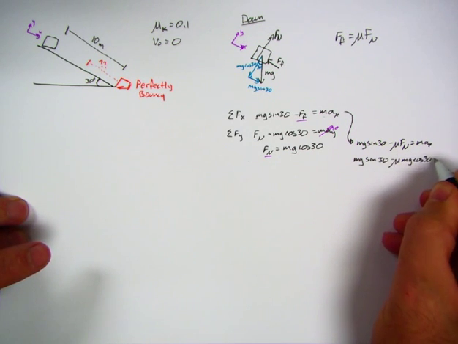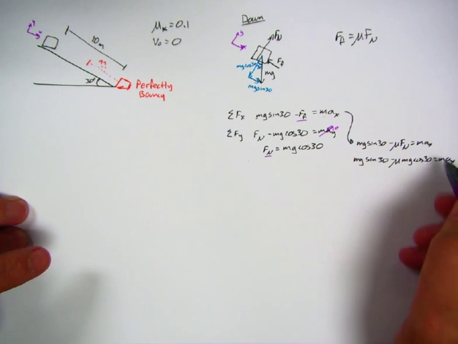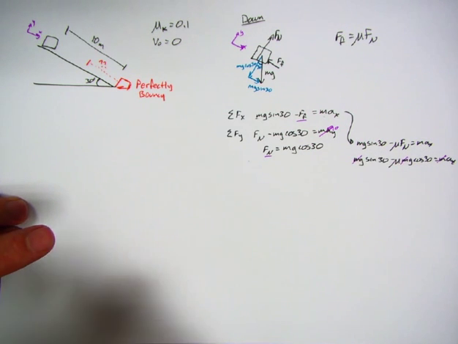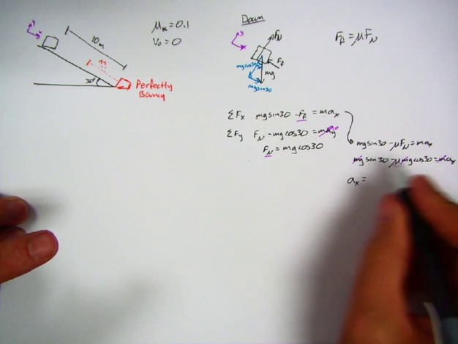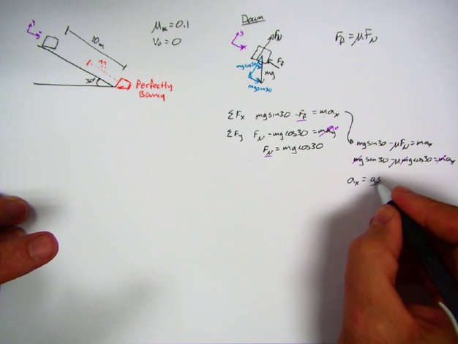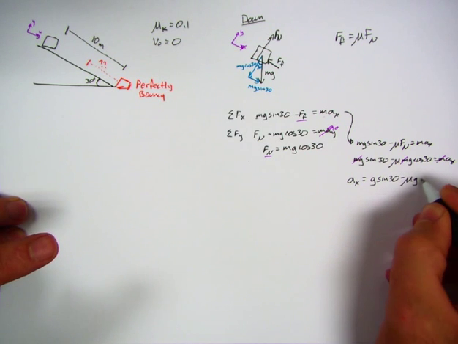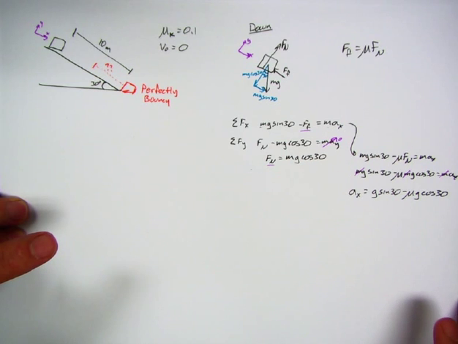And here I finally notice there's an m in each term, so I can reduce those out, and I find that the acceleration in the x direction is equal to g sine 30 minus mu g cosine 30, and those are all numbers.